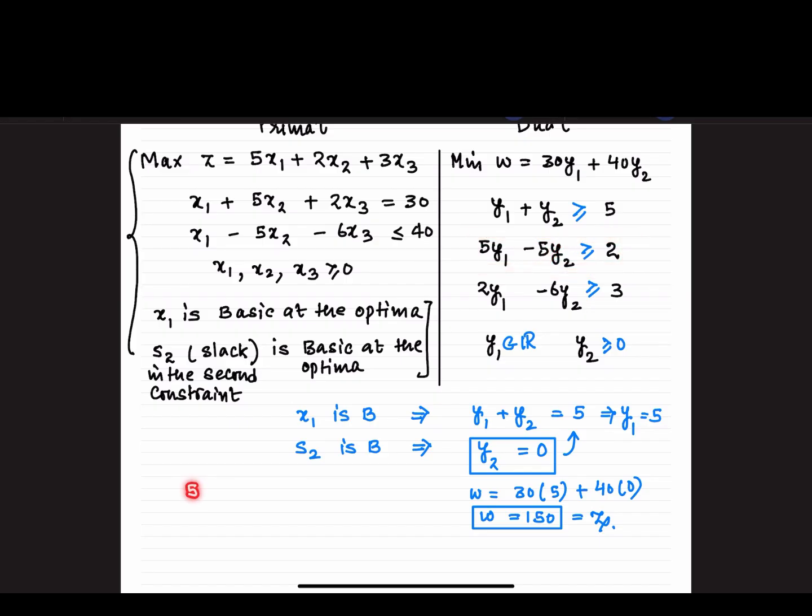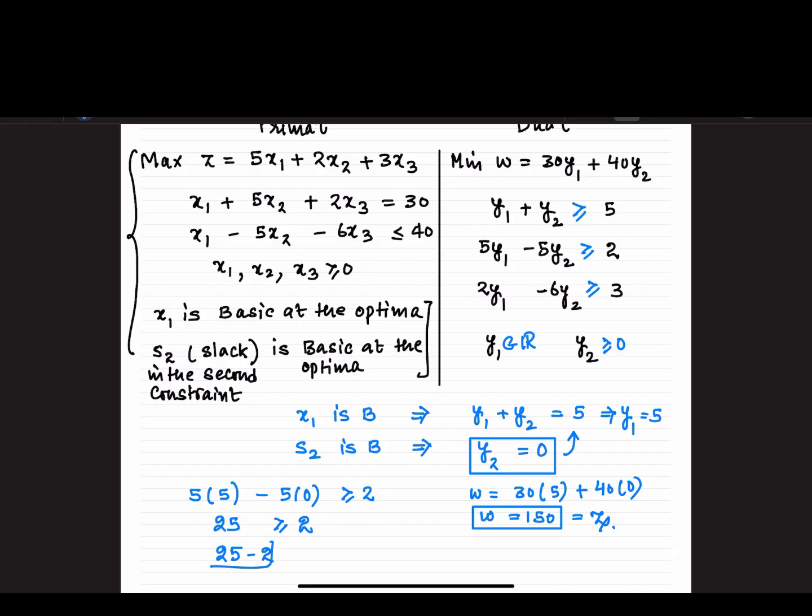So 5 into y1 is 5, minus 5 into 0, is greater than or equal to 2. So this is 25. 25 is indeed greater than 2. But by how much? 25 minus 2.